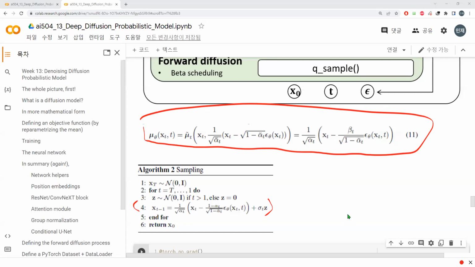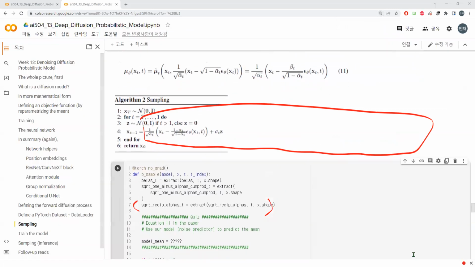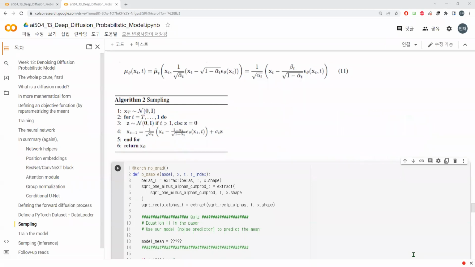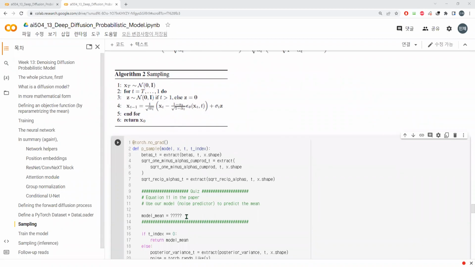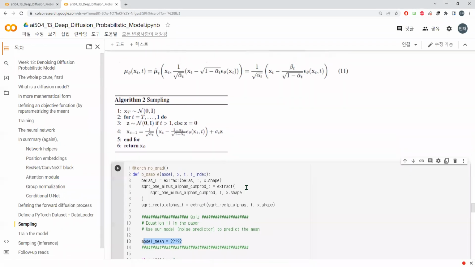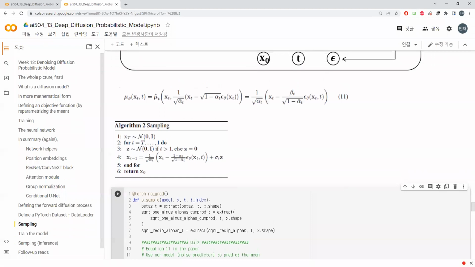Okay, it's noon. What's the model mean? What is our predicted model mean?